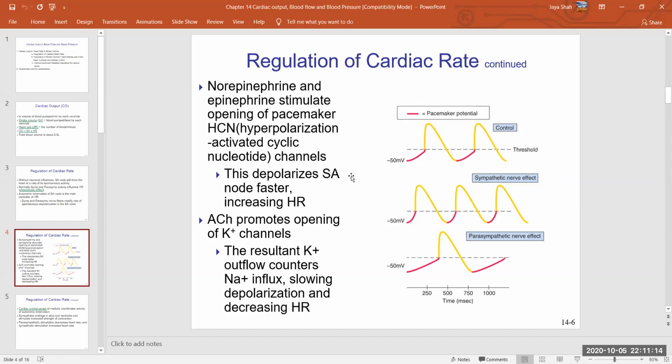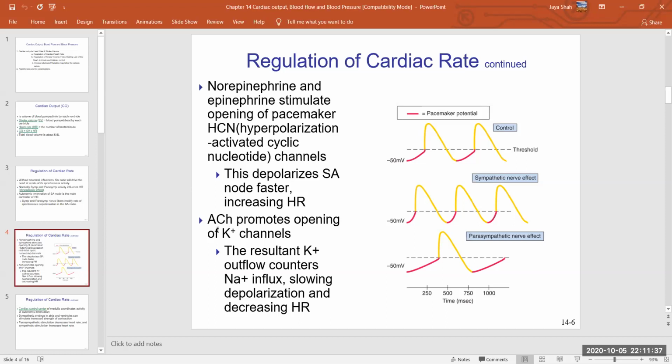This depolarizes the SA node faster and increases heart rate. That means epinephrine and norepinephrine open the HCN channel more frequently compared to normal SA node function.